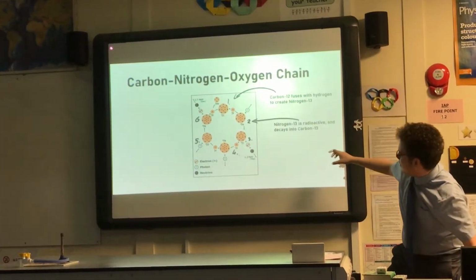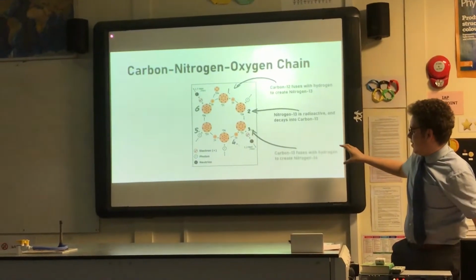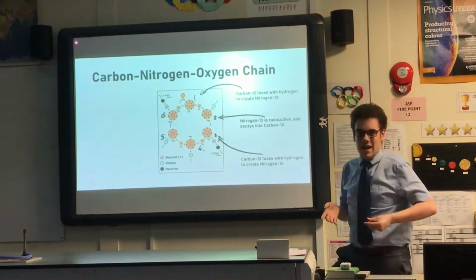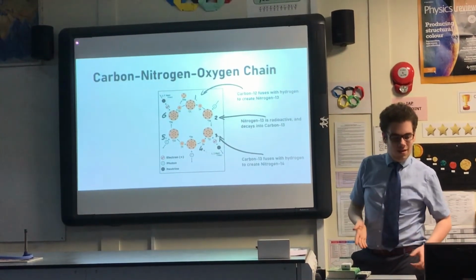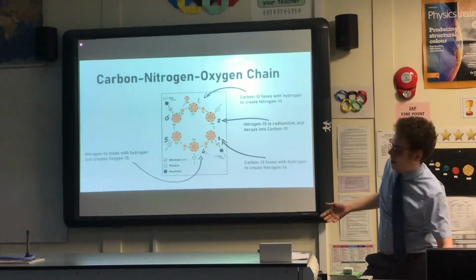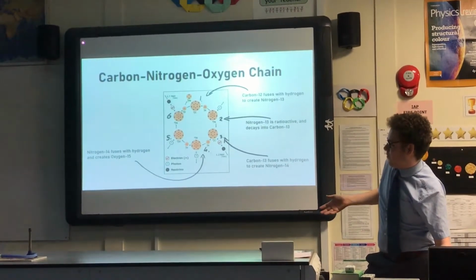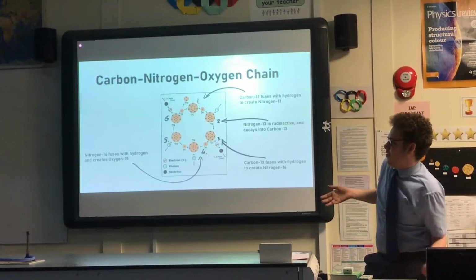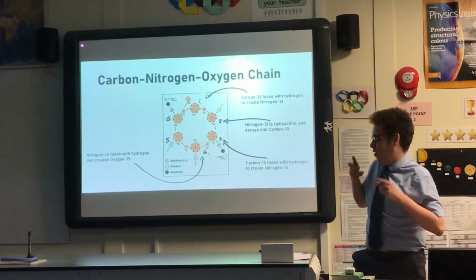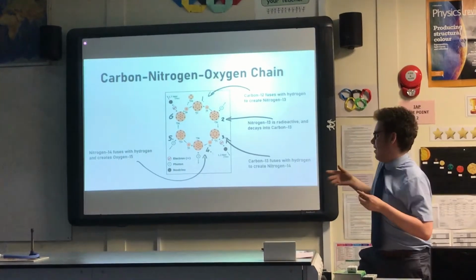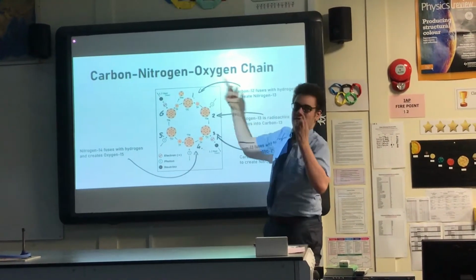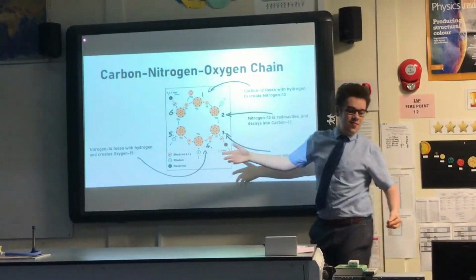Then we combine our carbon 13 with hydrogen again to create nitrogen 14, and this is a stable form of nitrogen, so it doesn't decay. Our fourth step is that nitrogen 14 fuses with hydrogen and creates oxygen 15, if I said it right. And that's why we named this the carbon, nitrogen, oxygen cycle, because it uses those 3 elements.